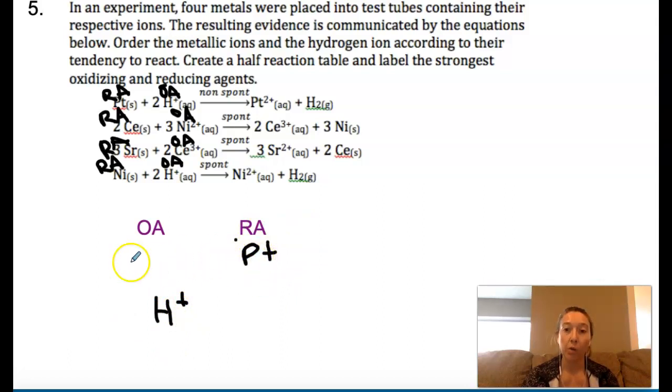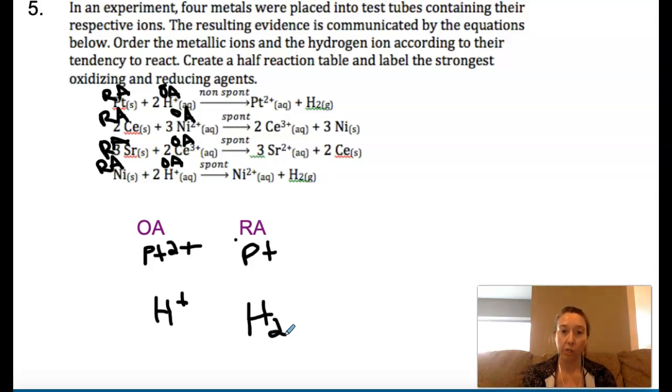We know what goes in the other part of this half reaction because we have that over here. So I know that for Pt solid, the OA portion of that would be that Pt2+, because that's its partner. And when I look at that H+, its RA version must be the H2, okay? So we're starting to piece together how some of these things are going to go into our data table. So that's just from equation 1.